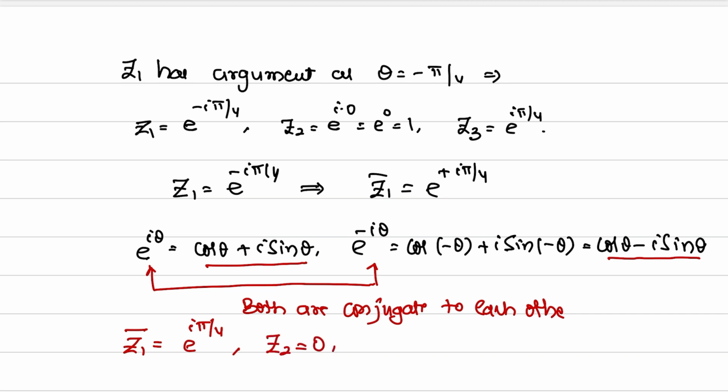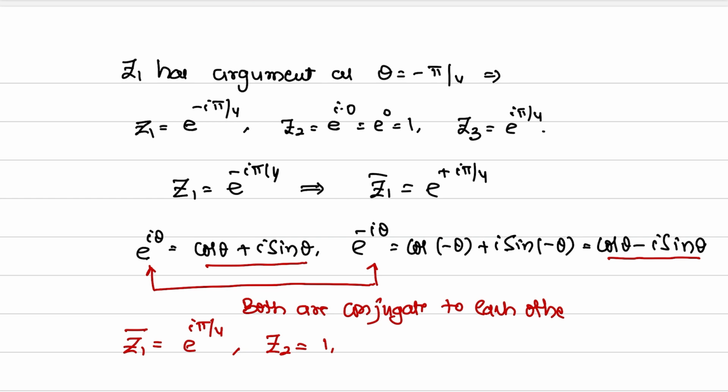Z2, because it has no imaginary part, Z2 is 1, e to the power of 0, no imaginary number, it will remain the same. There will not be a conjugate for a real number. For a complex number only there will be a conjugate.